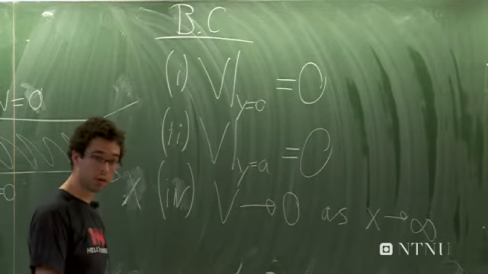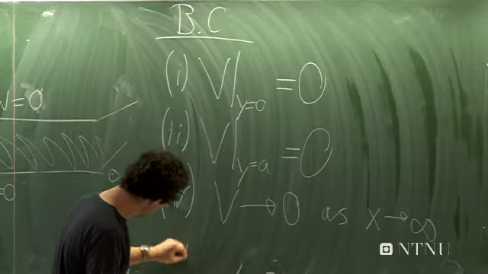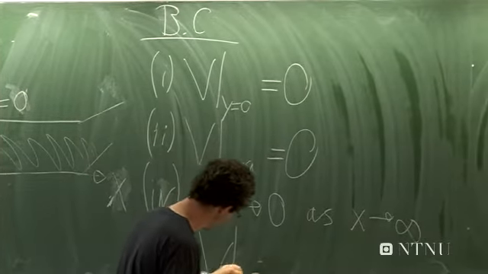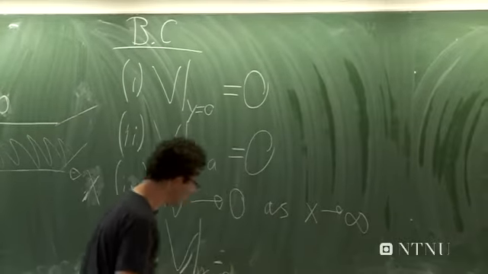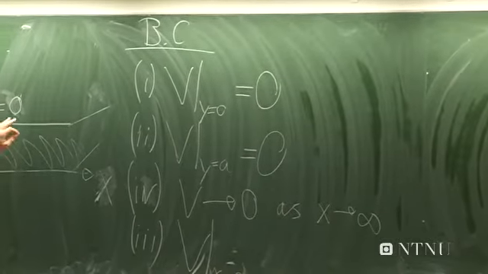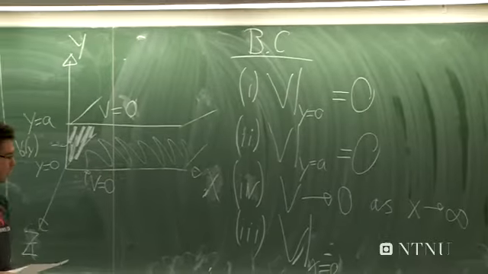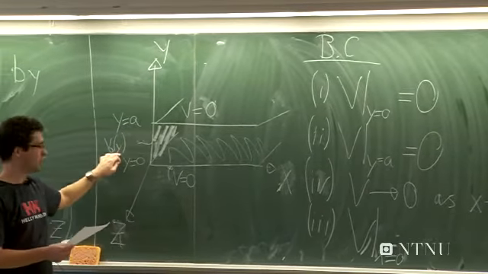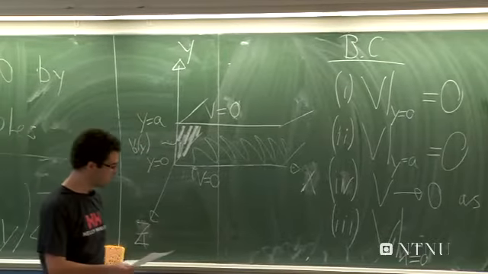Again, the brain is not in agreement with the notes. And now of course I can't put the potential 0 everywhere because it would be very, very boring. So I'm going to put this function here. This function here is not going to be just 0.